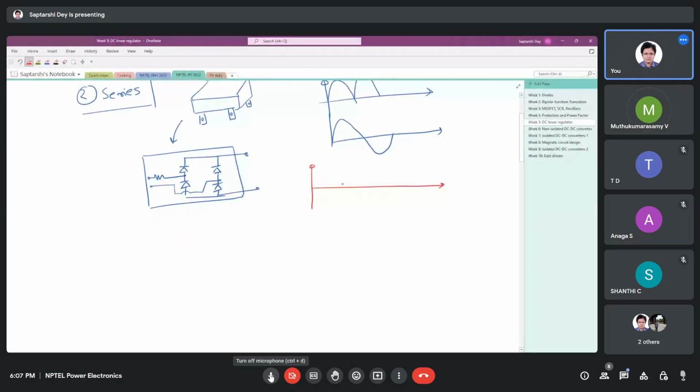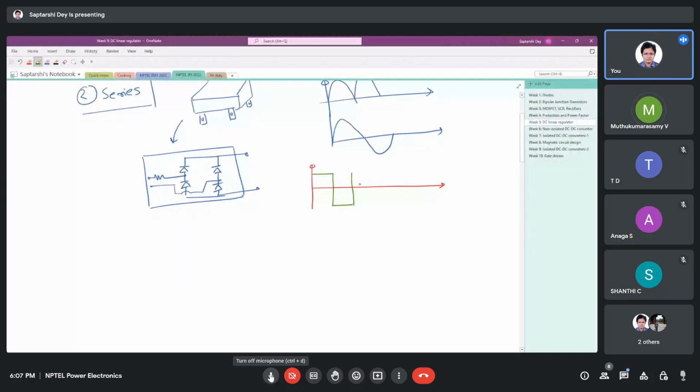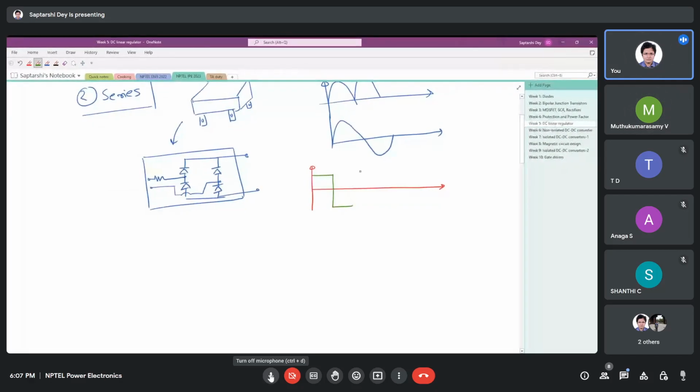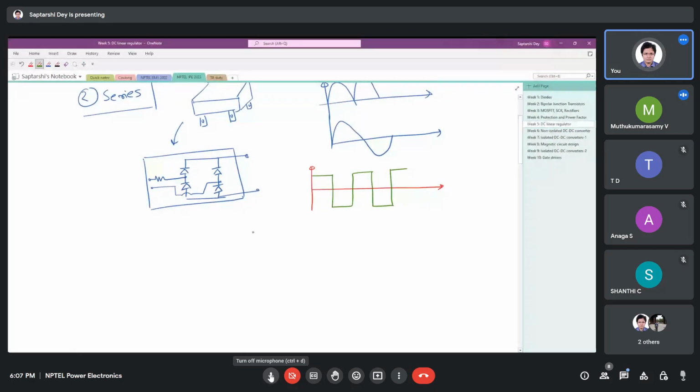Suppose you have a square wave like this. You can do this by yourself in MATLAB or somewhere else. Now you do a Fourier series of it.